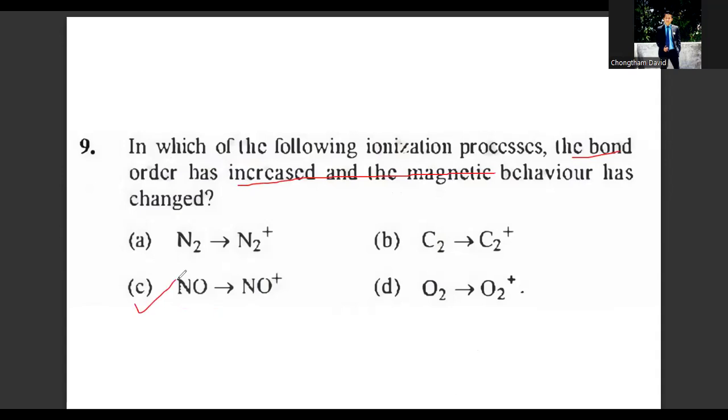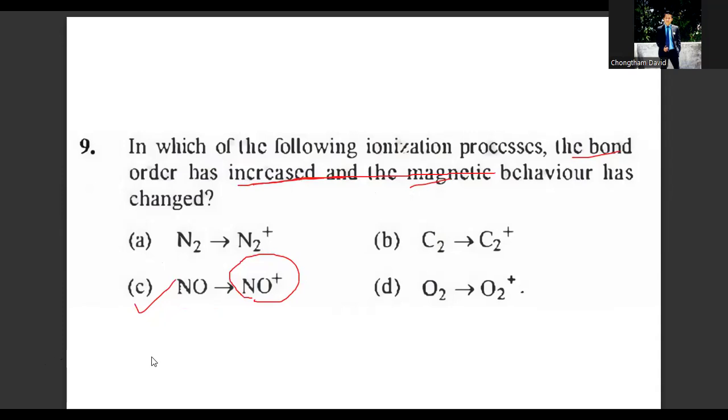So this would be the answer, because as we have already discussed, the nitric oxide bond order is 2.5, paramagnetic, and in the case of NO plus, bond order is 3, so there is an increment of 0.5. Magnetic behavior changes from paramagnetic to diamagnetic. So the answer is option C for question 9.